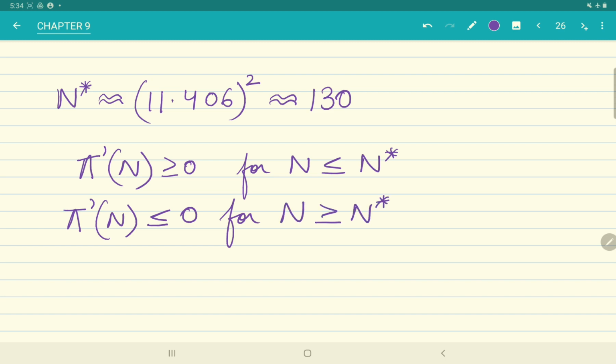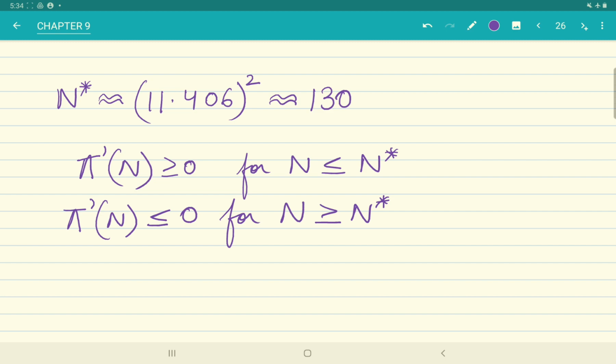So what we see here is that our profit function is increasing to the left of n star and decreasing to the right of n star. We know that n star corresponds to the first derivative of the profit function being set to 0.